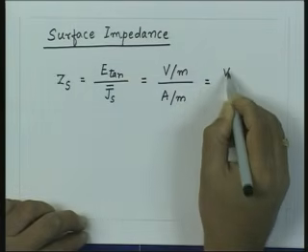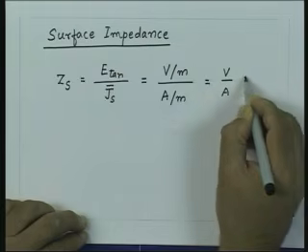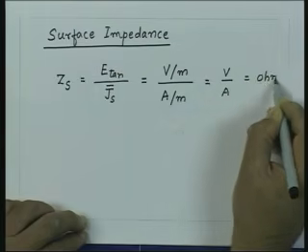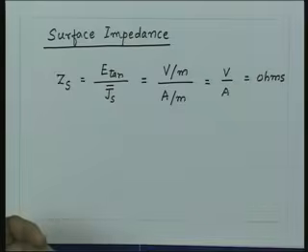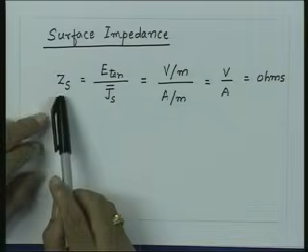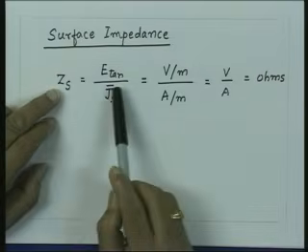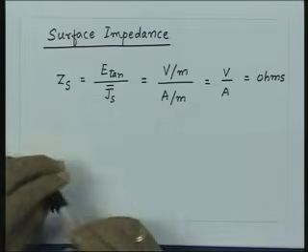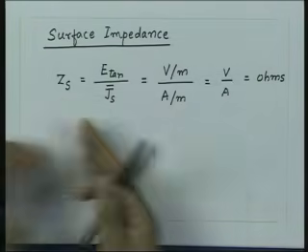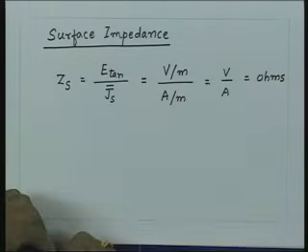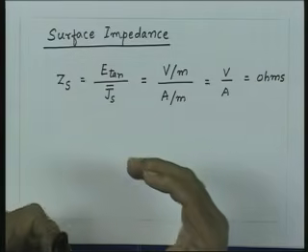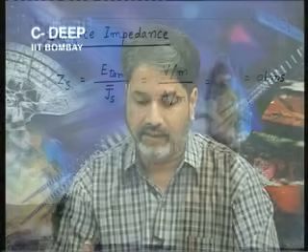So that gives me essentially volt divided by ampere, which is ohms. So this quantity Zs is some impedance, which is a surface phenomenon because it is related to a surface current. So if I know the tangential component of electric field, then the surface current can be obtained from what is called the surface impedance or vice versa.